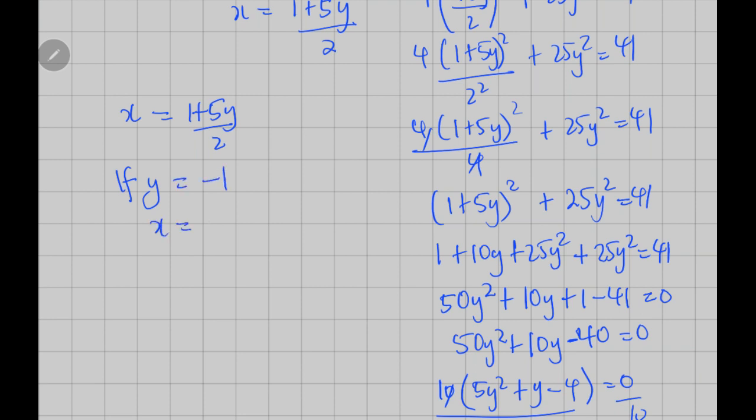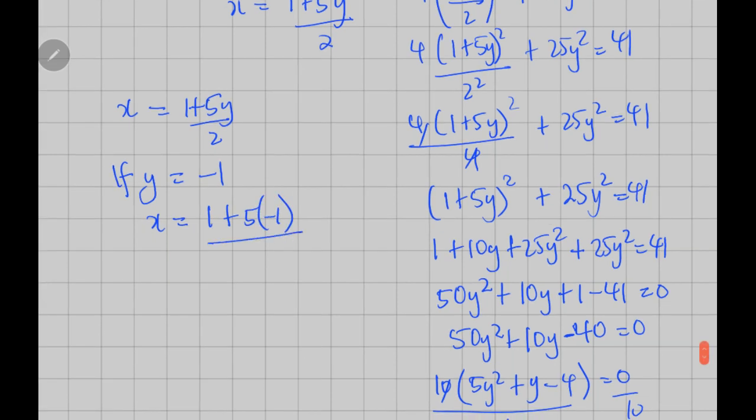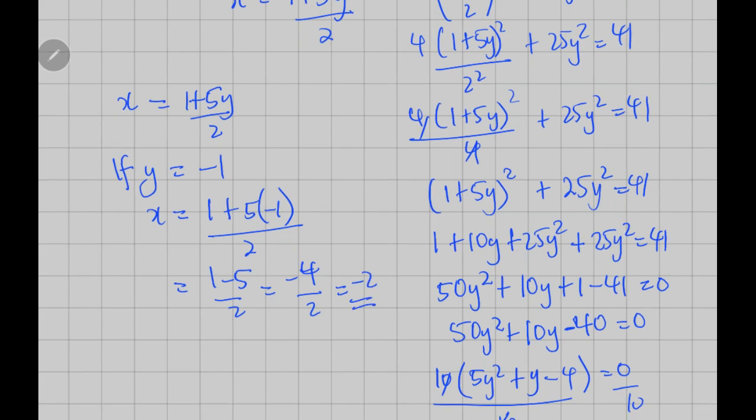So x is equal to (1 plus 5 times negative 1) over 2, so it's (1 minus 5) over 2, which is equal to negative 4 over 2, which is equal to negative 2.